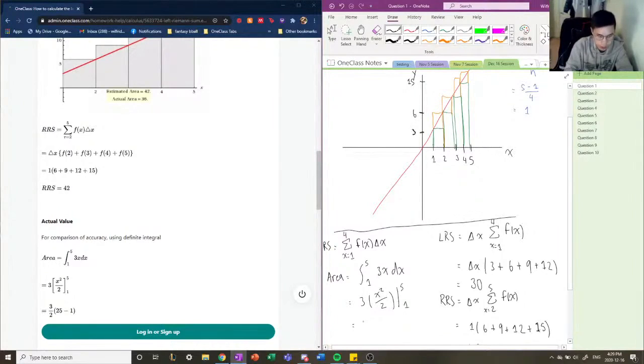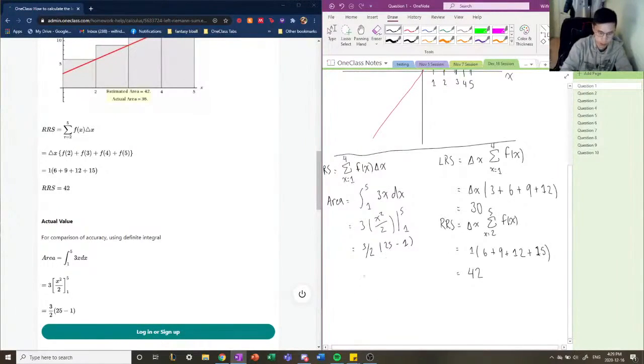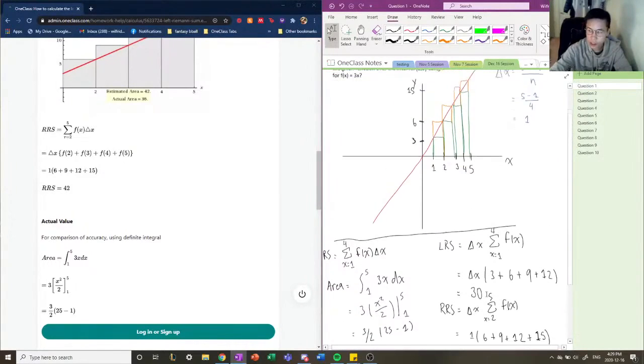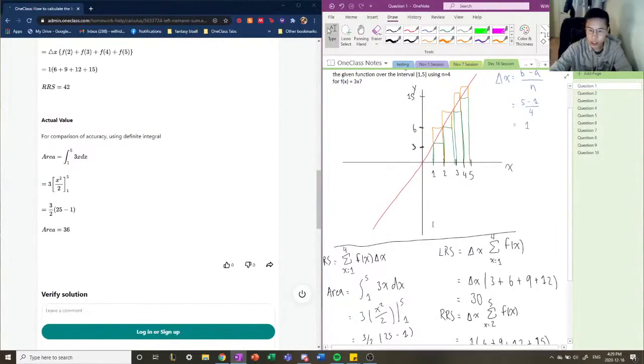And that gives us 3 over 2 of 25 minus 1. And if we were to simplify this, we would get 36. Okay, so we can see here that the area under the curve is in between our right and left Riemann sum. So how does this all relate together?